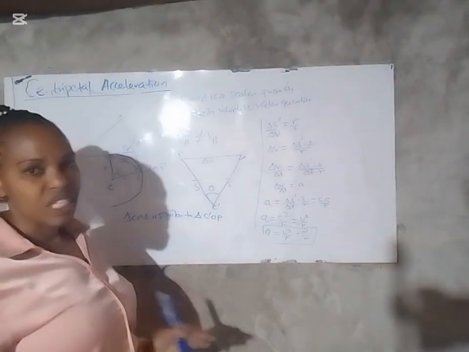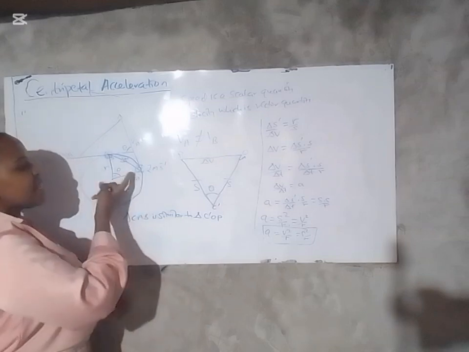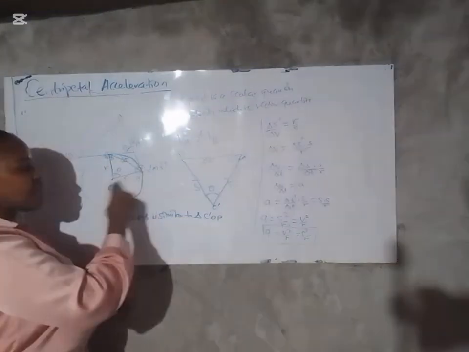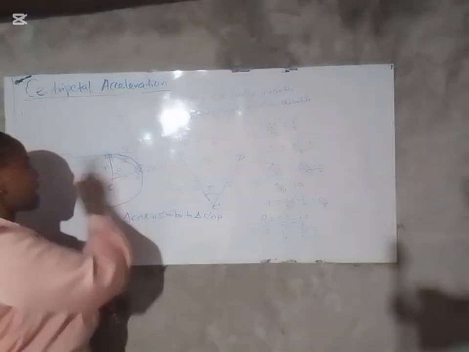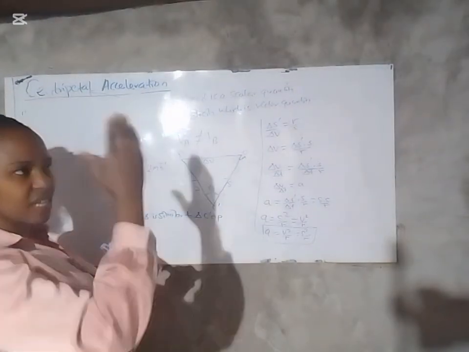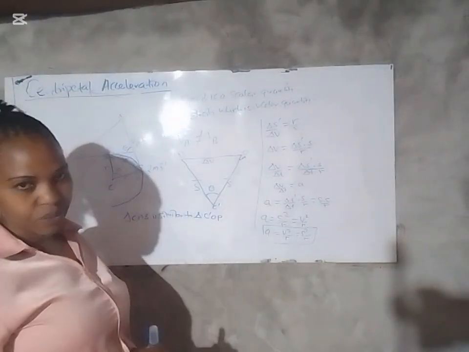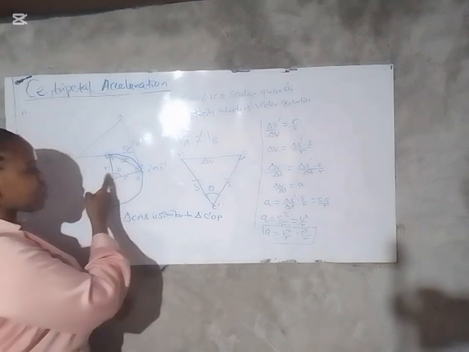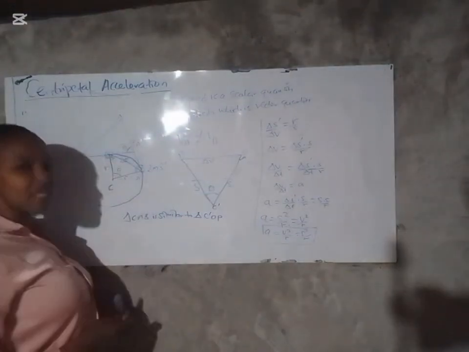Why are the two angles theta? Because VA is a normal to the first radius and VB is a normal to the second radius. Normal means a line that cuts another one at right angles. So if that goes by theta, that also must go by theta.